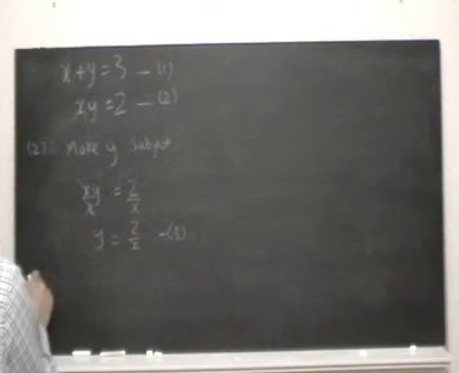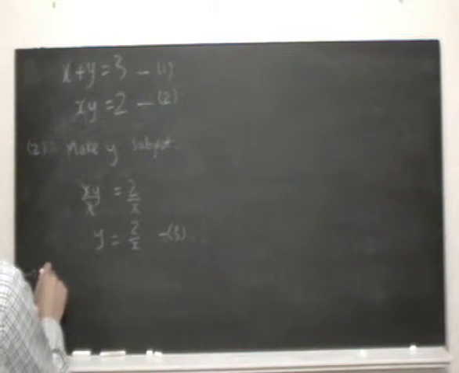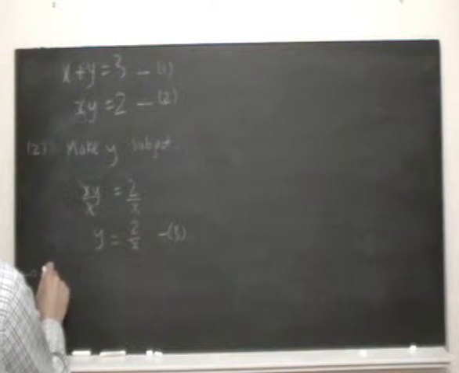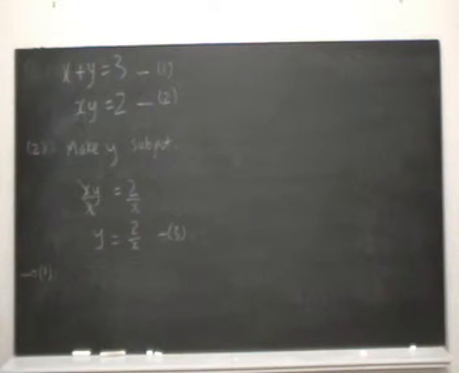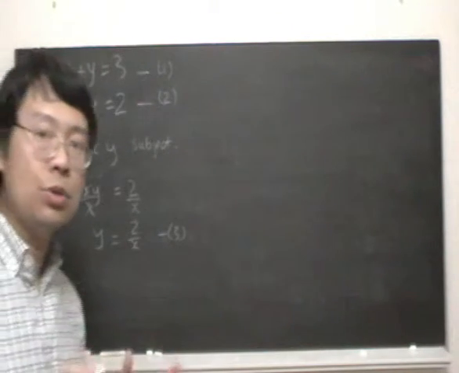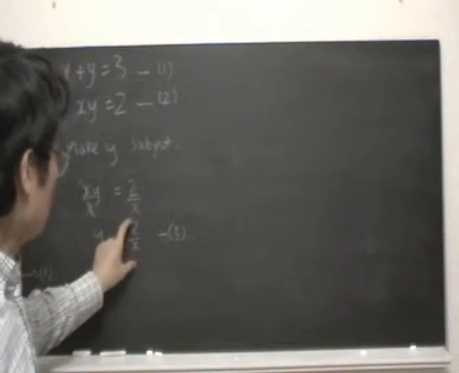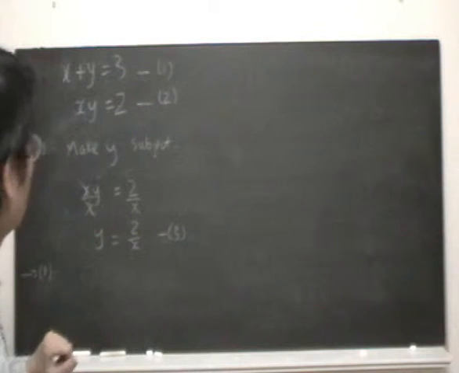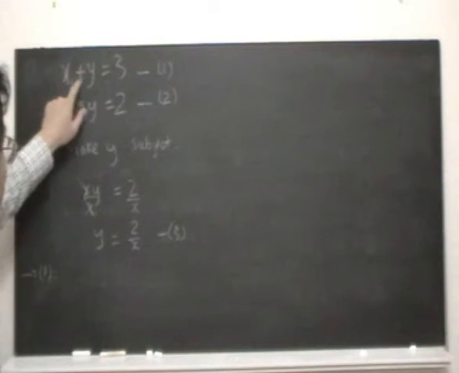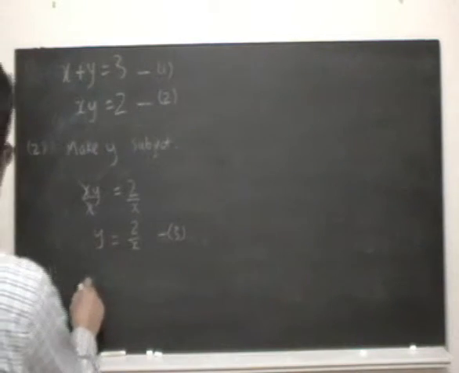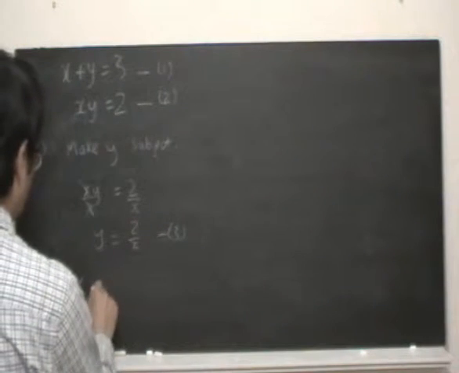I'll use my own symbol where I draw an arrow pointing to 1, just to show that I'm going to put this expression for y into 1. Now in 1 we have x plus y on the left side. Let's write that down. X plus.